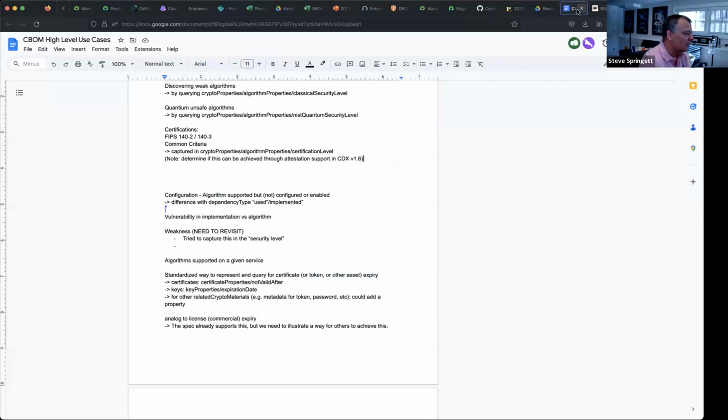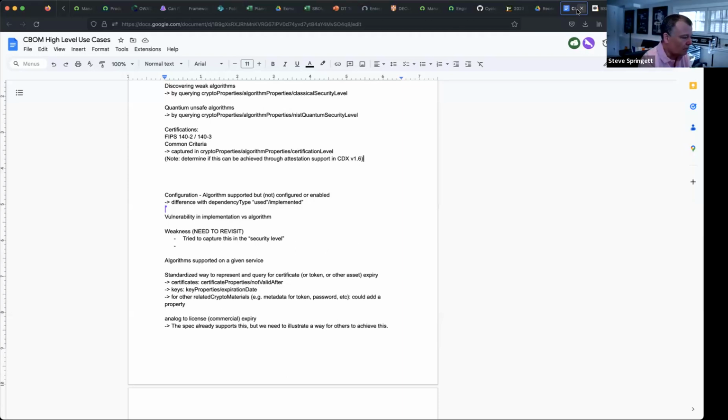If I understand it correctly, then this attestation could be used to represent a standard, for example, right? Basically the algorithms that are specified by the standard, which can then link to the properties that we have in the CBOM.